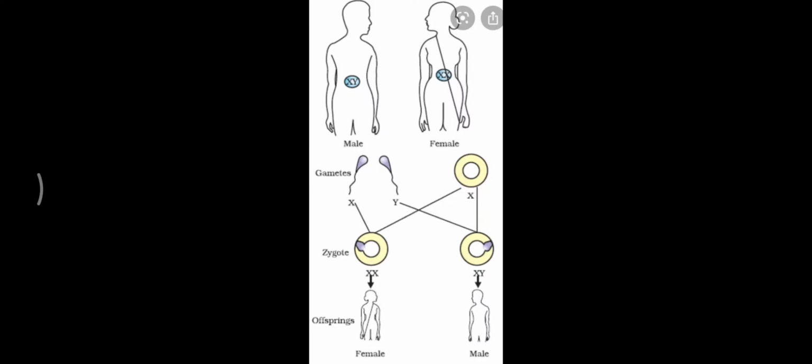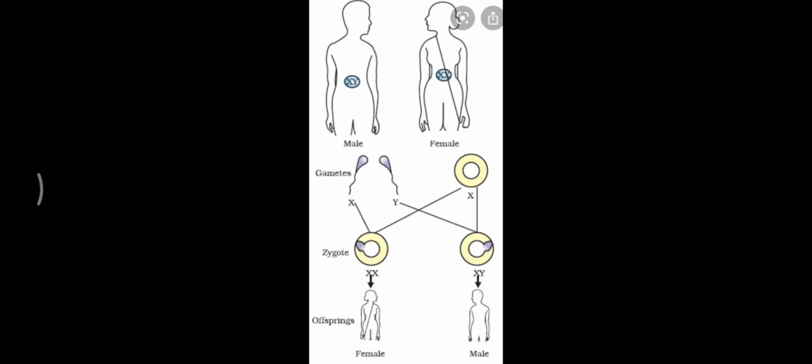Now, let us say the sperm with the X chromosome fuses with the ovum. You can see in the figure, the first sperm has X noted on it, and when it fuses with the ovum which has X, it gives a zygote with the combination XX. This zygote is going to develop into a female child. Okay.